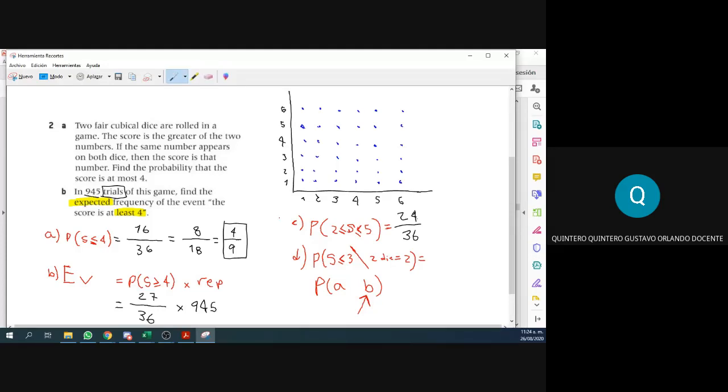The condition is something that has to happen before I can take into account the first event, right? So for example, in this one, I need to take into account the condition. The second die has to be 2. Let's say this is the first die. Let me write that down here. This is the first, and this is the second, right?